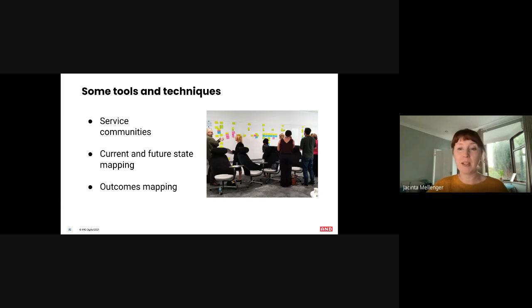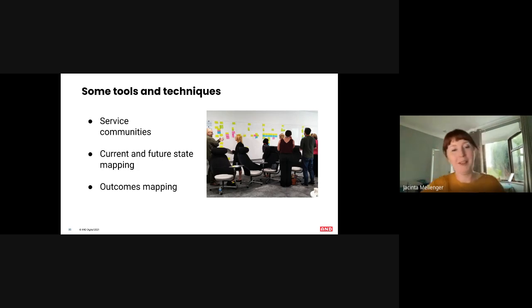Service communities are a way that they can support you to build relationships, identify shared problems and fix them together. We do this ultimately so users can reach their goal more easily, but also so policy intent can be realised as well.